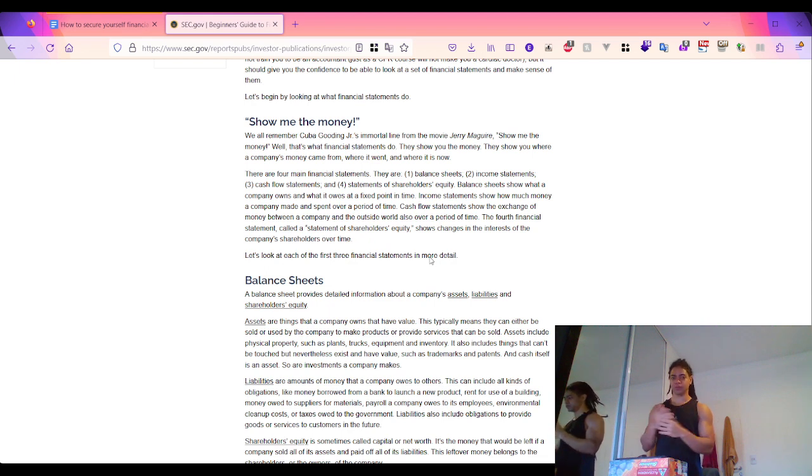This statement reviews the cash flow from three different activities: operating activities, financing activities, and investing activities. So okay, that gives you a good sense of that.